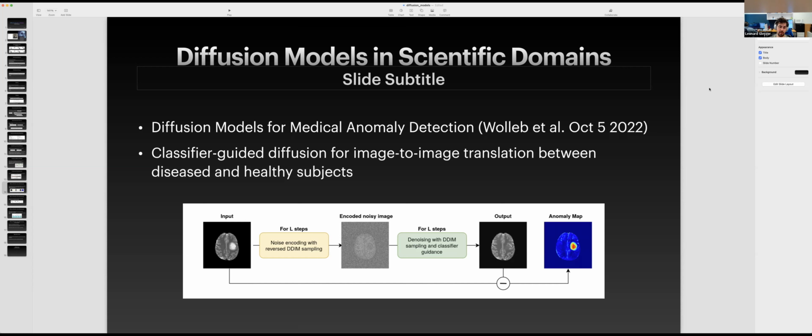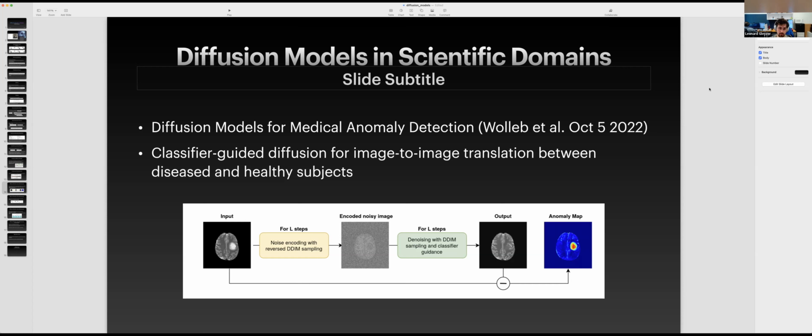So, for example, a brain scan of a diseased subject would be sequentially corrupted with noise to yield an encoded noisy image, and then you run the reverse diffusion process to remove the noise and output what would be a healthy scan, and then compare the two to get an anomaly map.